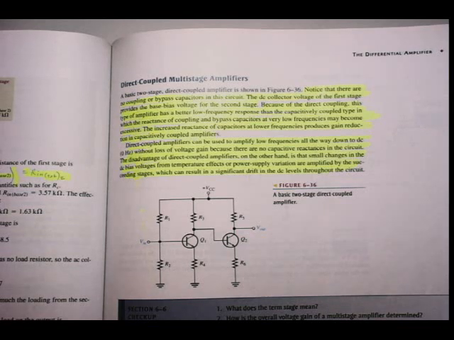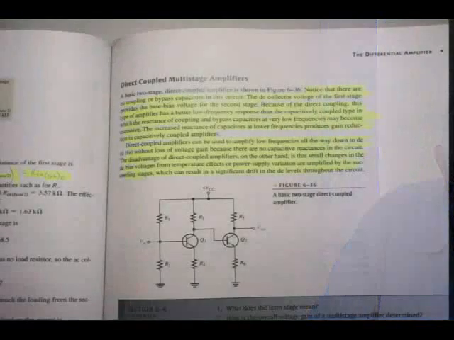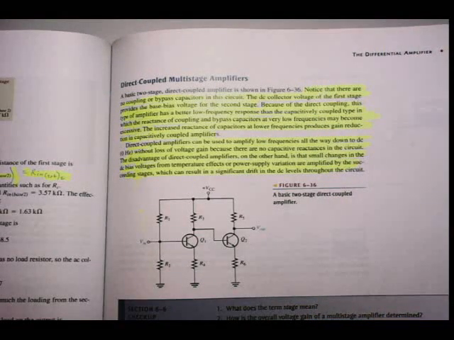We have assumed that the frequency doesn't influence the amplifiers that we've discussed so far, but in a later chapter we will discuss the influence of frequency on my amplifier. Alright. But here's the first mention of that anyway. The second paragraph, direct coupled amplifiers can be used to amplify low frequencies all the way down to DC, 0 Hertz.